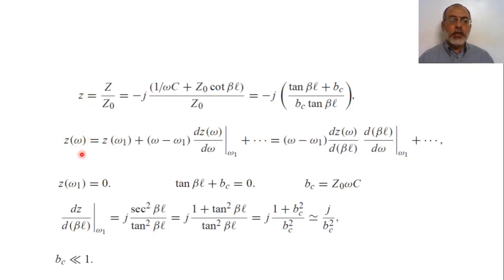So Z as a function of omega equals Z at omega 1, which is the input impedance at the resonance, plus (omega minus omega 1) multiplied by dZ of omega by d omega at omega equals omega 1, plus (omega minus omega 1) squared over 2 multiplied by d squared of Z by d omega squared at omega equals omega 1, and so on. This is actually the Taylor series representation of the function Z as a function of omega.